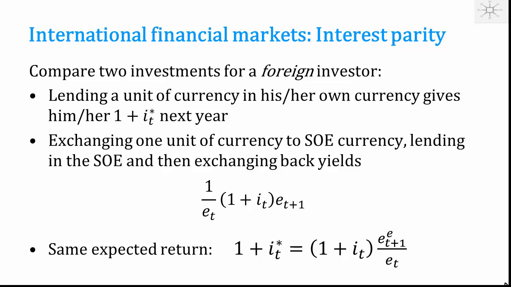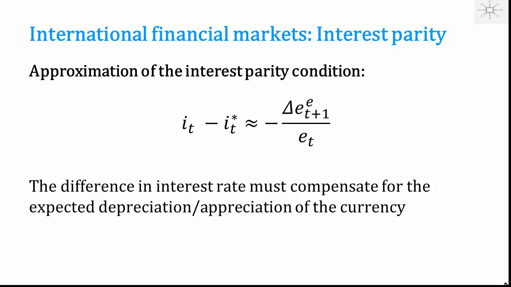And now we just said that in equilibrium the expected return must be the same. And that gives us the open interest parity condition that says that the expected return is the same on loans in different currencies. And you can approximate that open interest parity condition as follows. The interest rate differential between the domestic and foreign interest rate is equal to the expected depreciation of the currency.